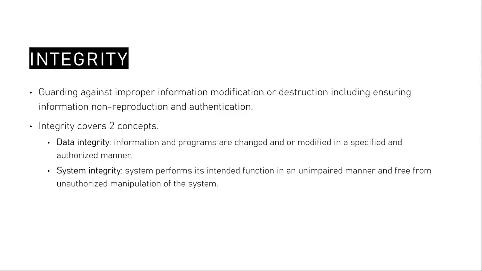What data integrity says is that information and programs are changed or modified only in a specified, authorized manner. If you have the authority, you can change the data or information according to the authorized manual.